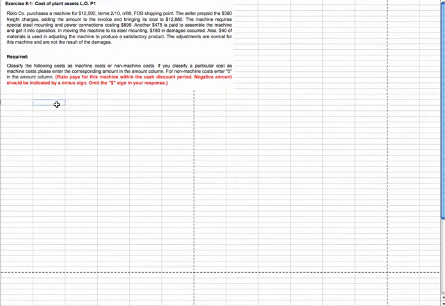So in order to determine the costs that go into making the cost of the product, what we have to do is we first take a look at the invoice price. And the invoice price was $12,500. But we took a 2% discount because here in this part it says they went ahead and took the 2% discount.